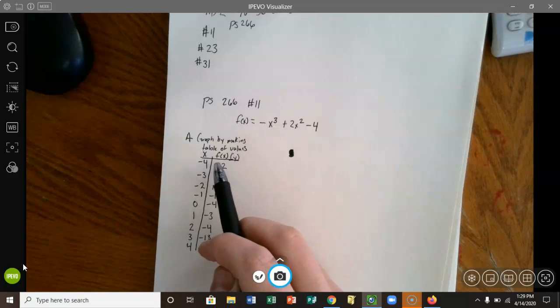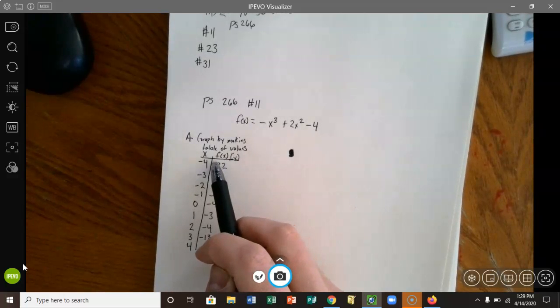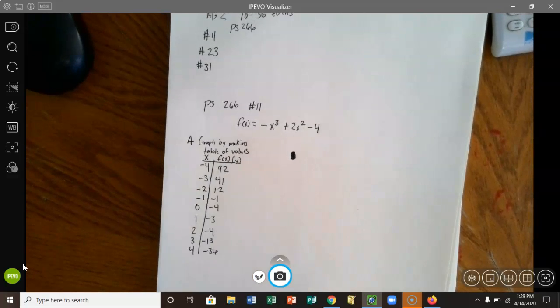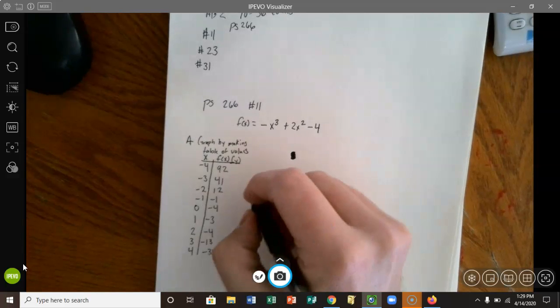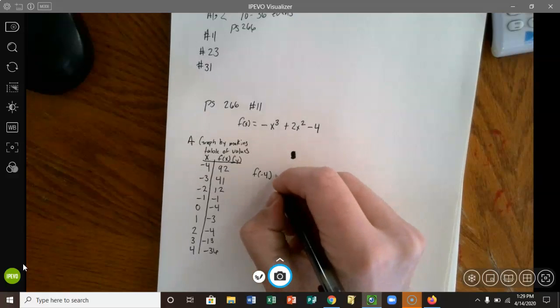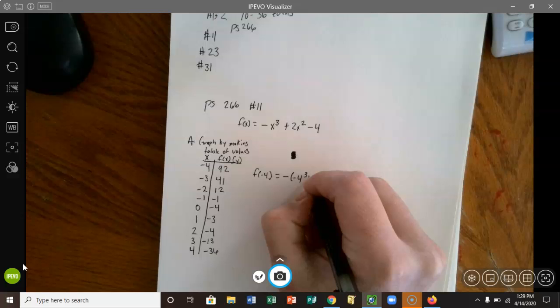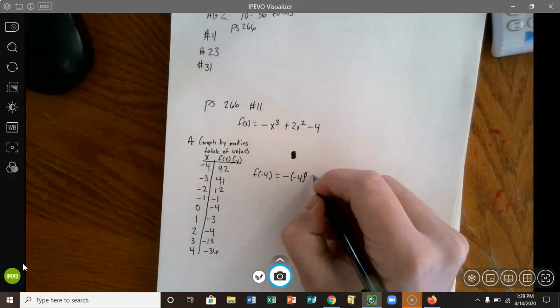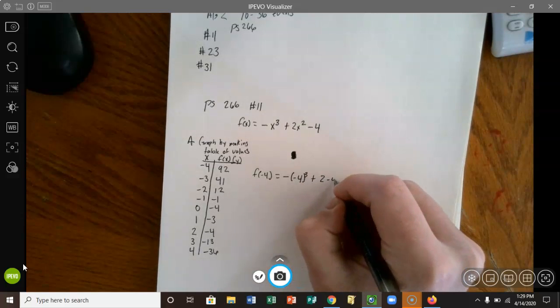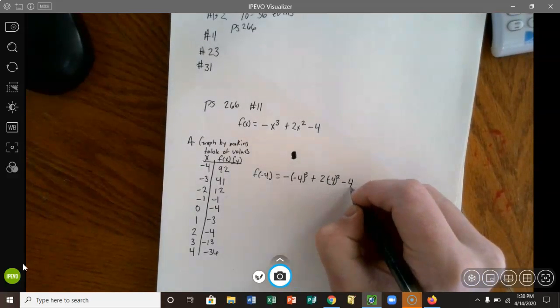Key things when you're doing this, make sure that you're using order of operations and function notation. So if I was going to find f of negative 4, that is equal to the negative of negative 4 cubed plus 2 times negative 4 squared minus 4.